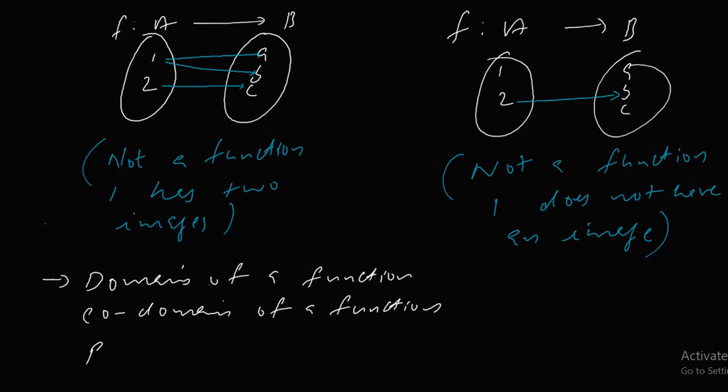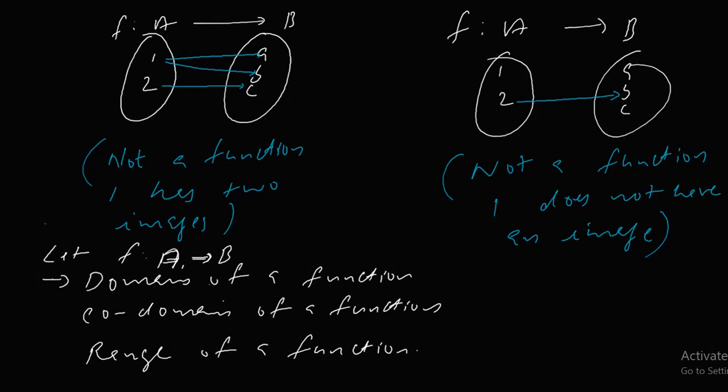And what is the range of a function? Assume that in all these cases, let f be a function from A to B. This is the general idea that we have. f is a function from A to B.